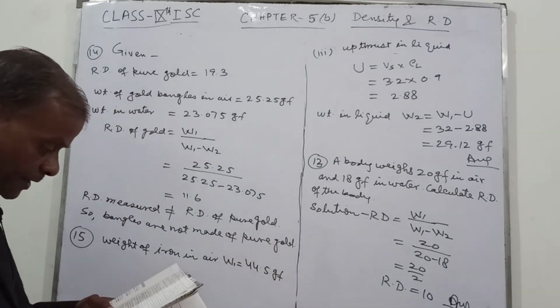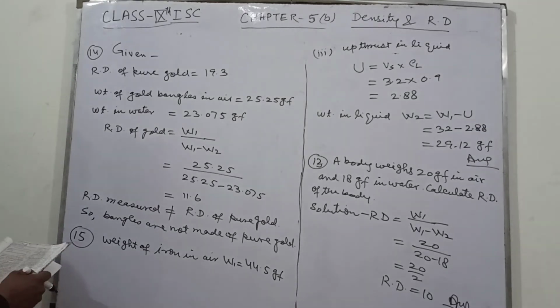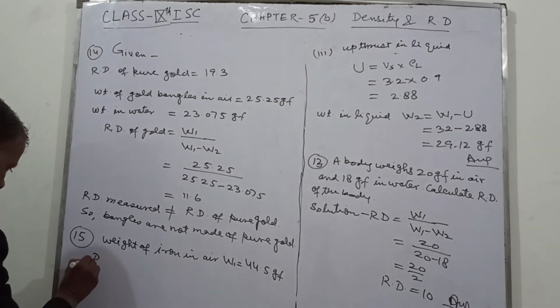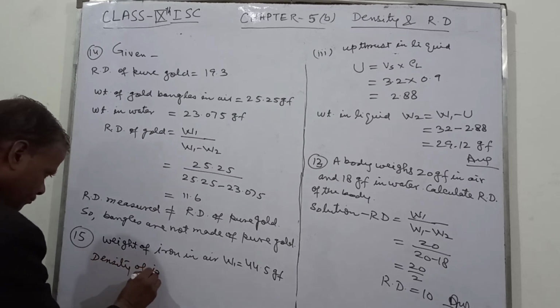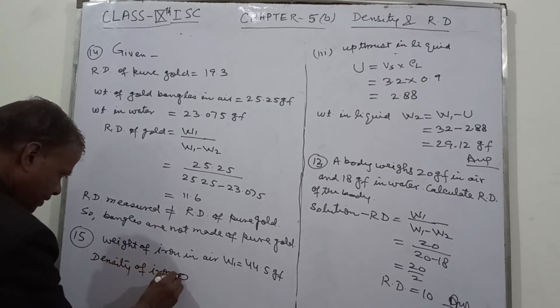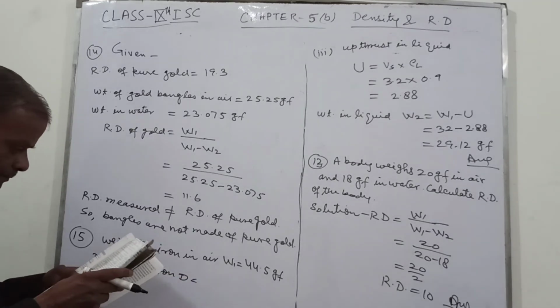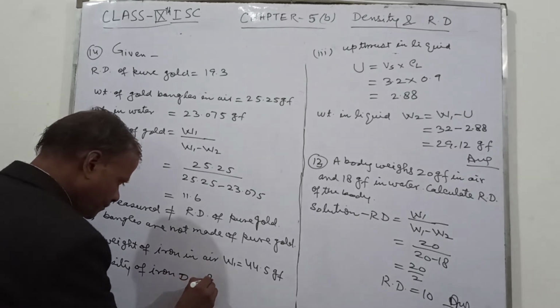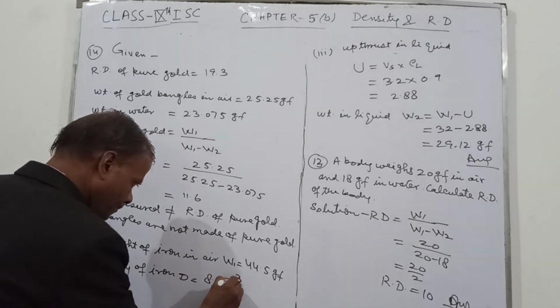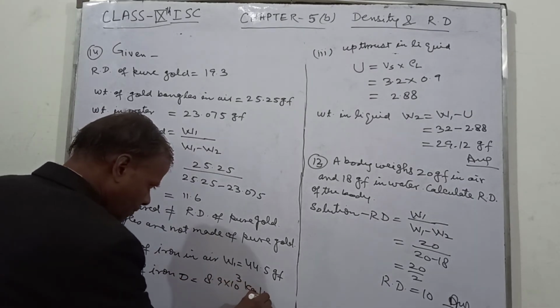If the density of iron, D, is equal to 8.9 into 10 raised to the power 3 kilogram per meter cube.